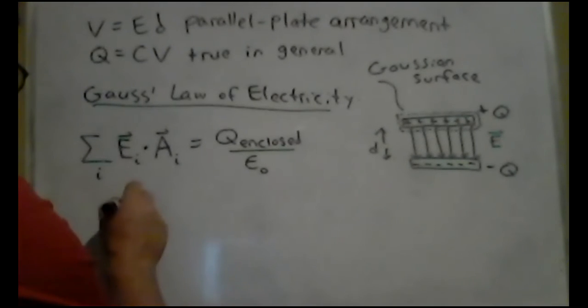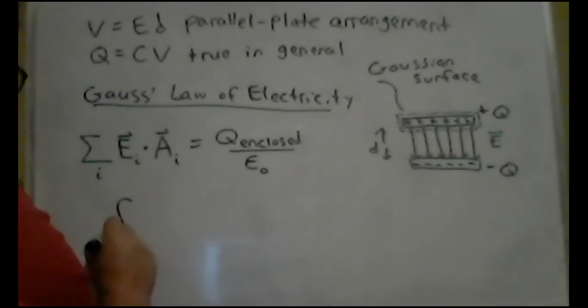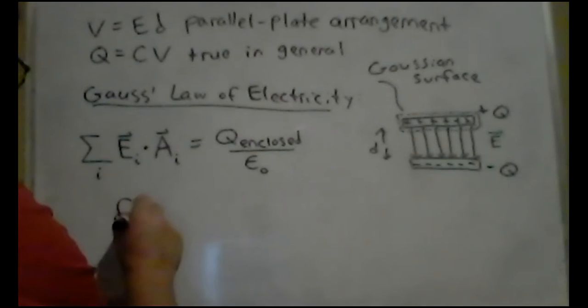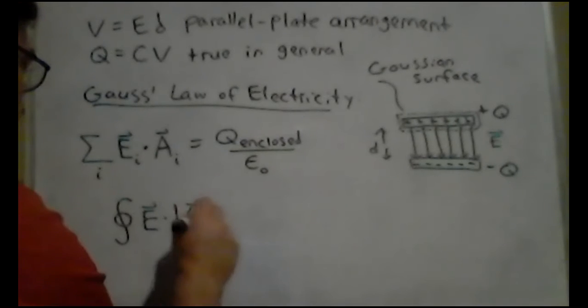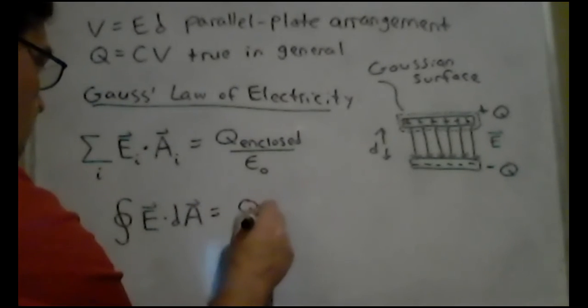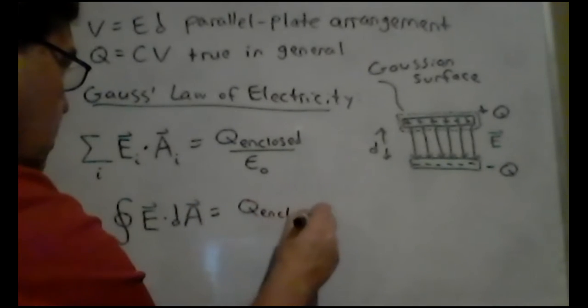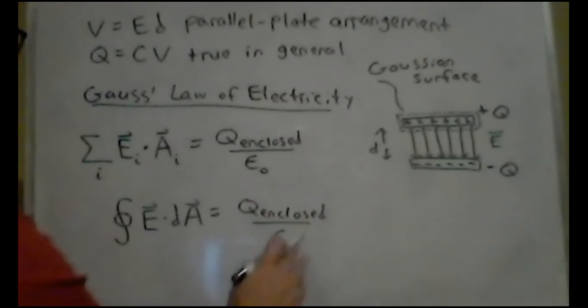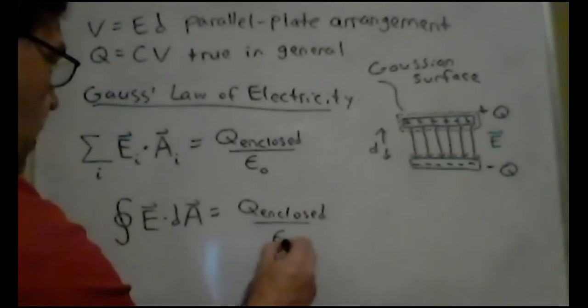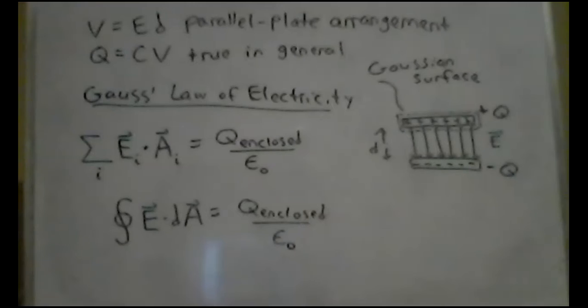So we add up the calculus style, with the surface integral of E dot dA, and the right-hand side is still the same: Q enclosed divided by epsilon naught. But we're not doing integrals in this class, and quite frankly, we don't need to for this. We're going to find out this is actually a fairly simple problem.